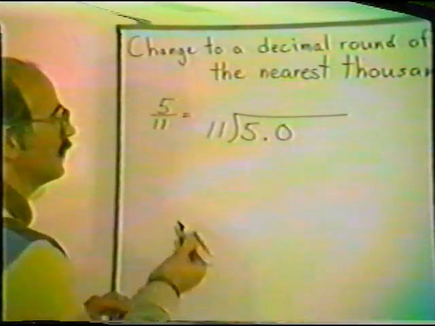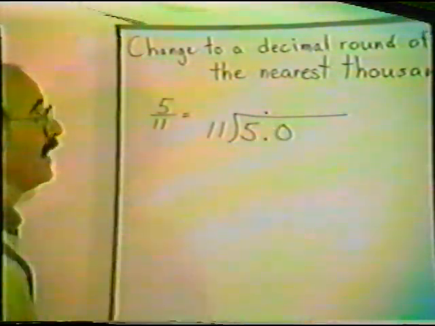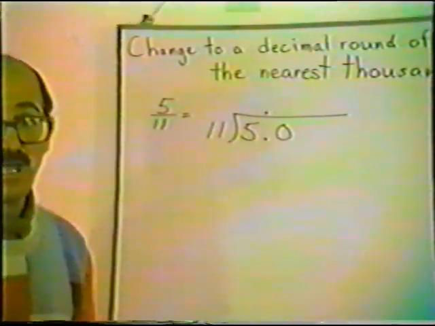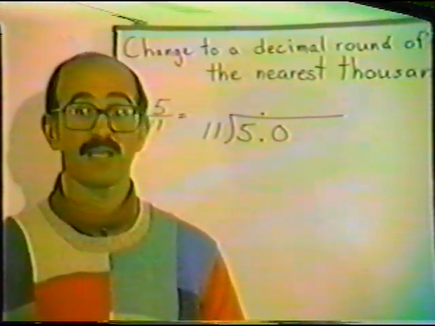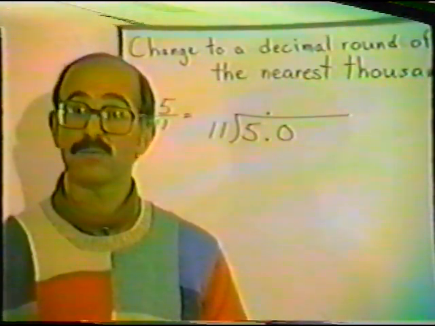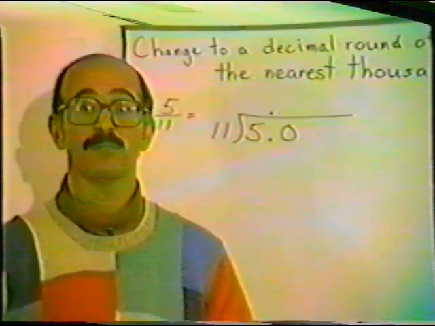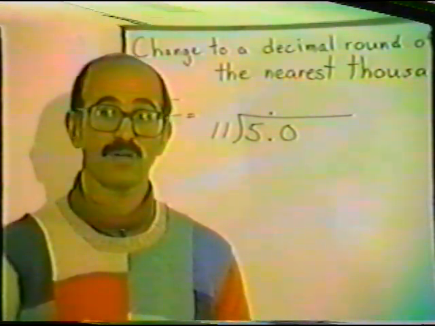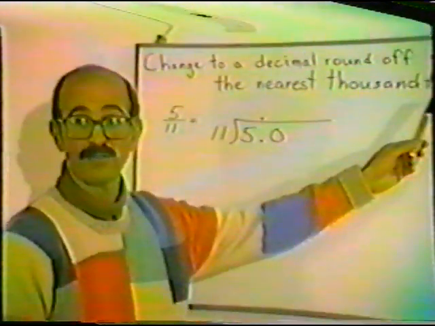The first thing we do is put our decimal point in the answer. Now, we are not told to divide it until it comes out evenly, and we're not told to divide until it becomes a repeating decimal. Our instructions are to round it off to the nearest thousandth.